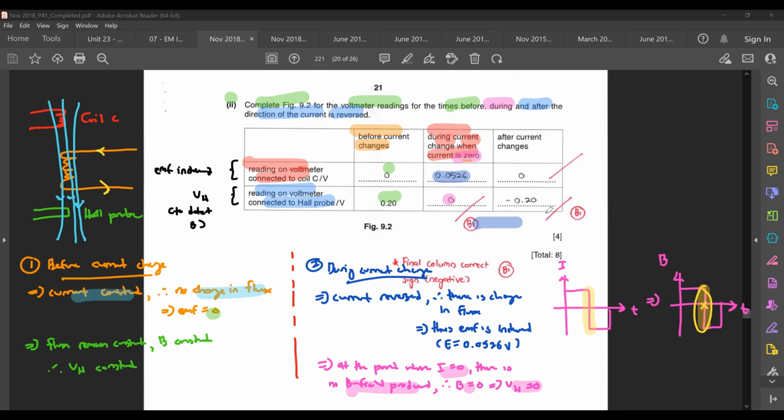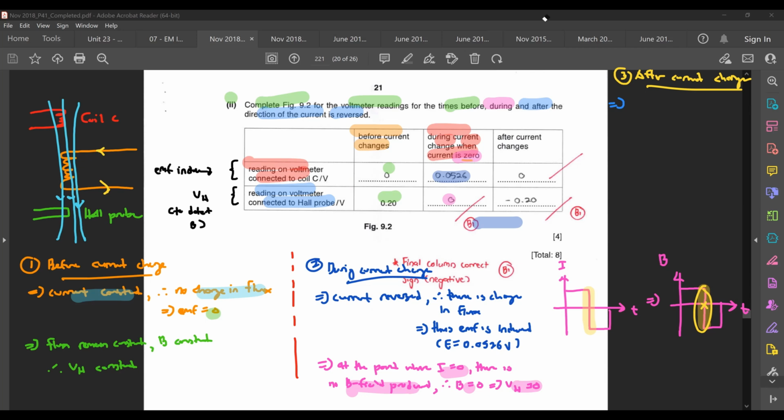And then after that, what about the last part, after current change? Now, after current change is probably going to be the same as this, just that there are some slight differences. So here, after current change, what you have is also current constant, but opposite direction.